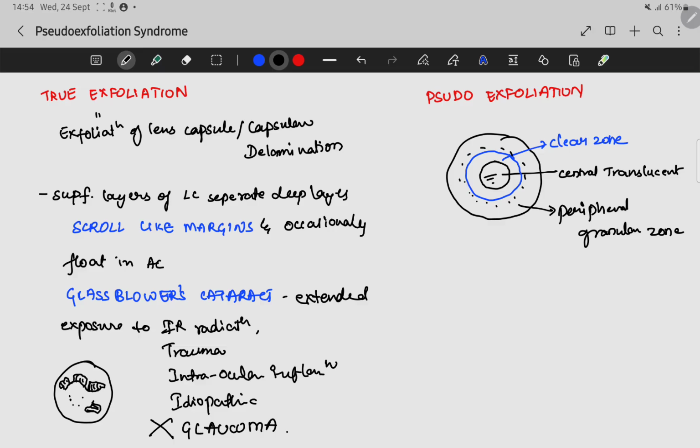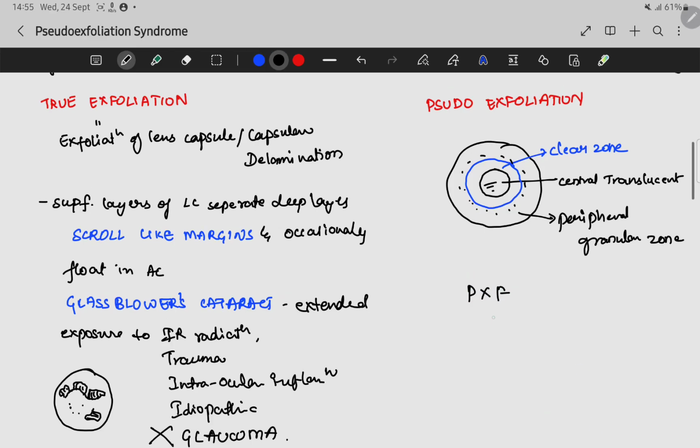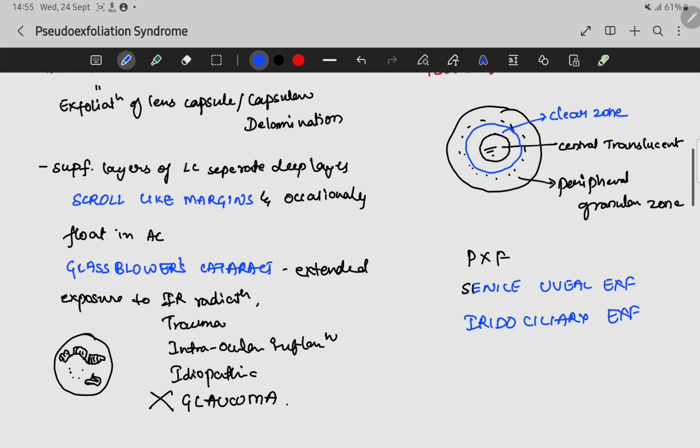So this pseudoexfoliation is also called senile, uveal exfoliation, iridociliary exfoliation, or pseudoexfoliation.